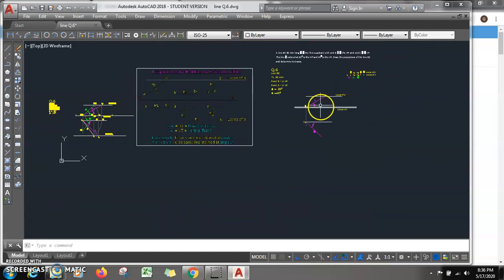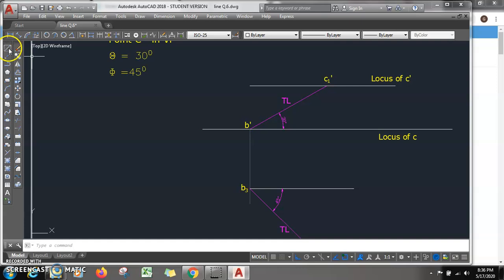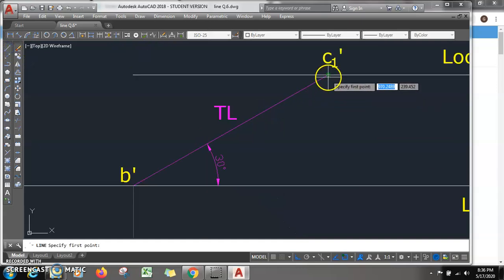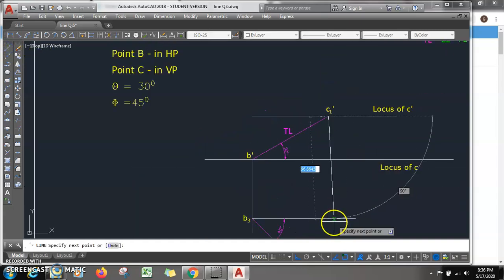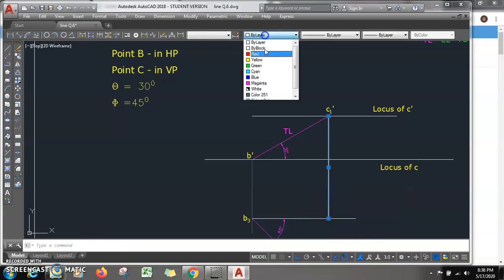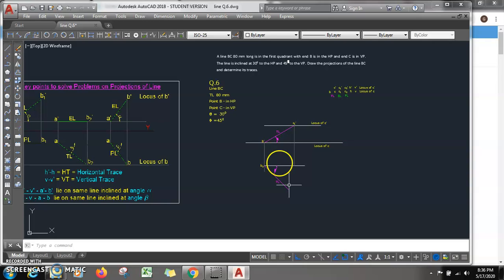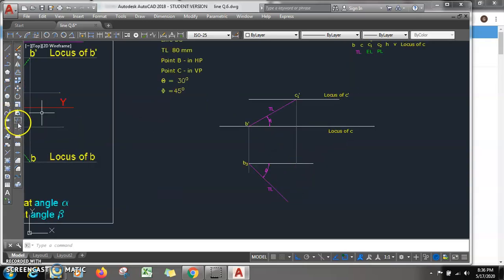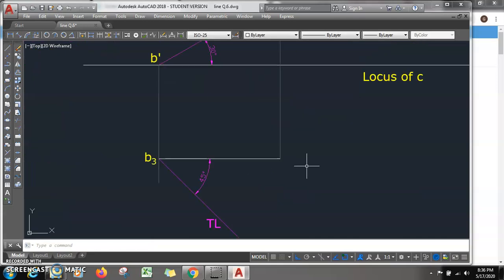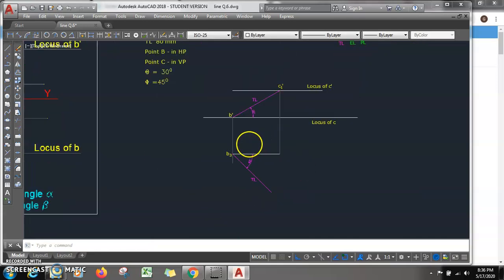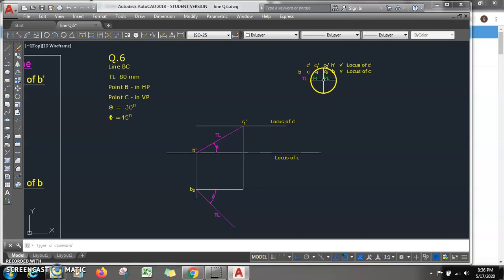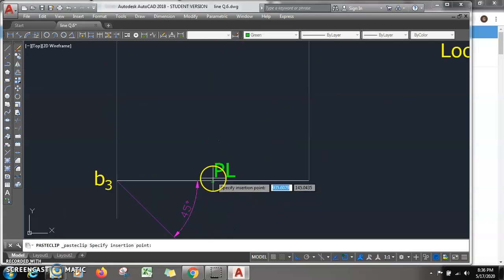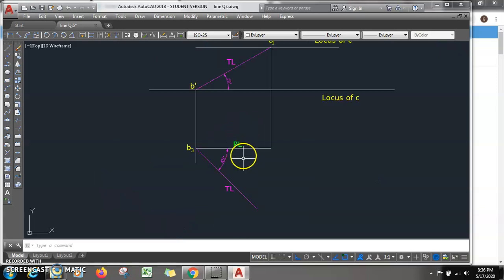So this b1 dash, c1 dash will give me point c1. I will draw a vertical at this location. This is the projector, and this length will be called the plan length.